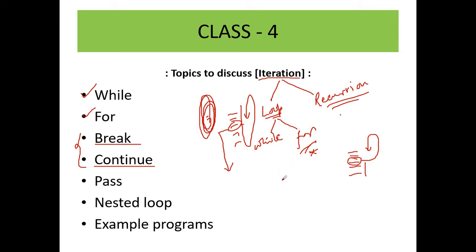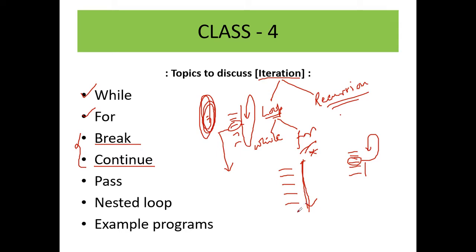Now by iteration, what I mean is, suppose you have 4 or 5 lines of code inside the loop body. Moving from the start to the end of the body is one iteration.